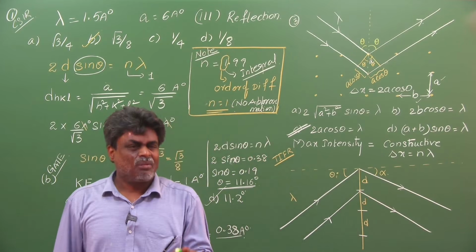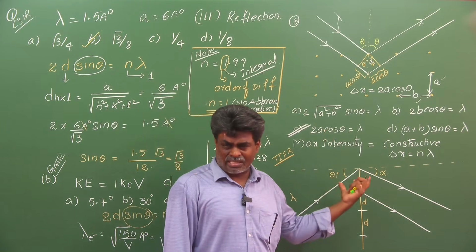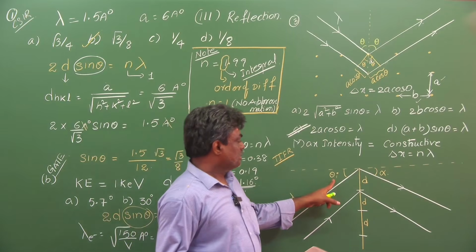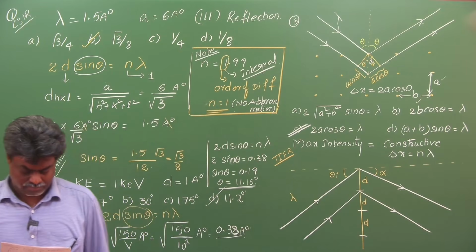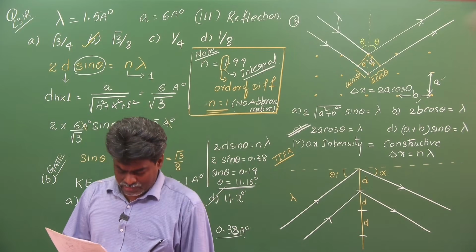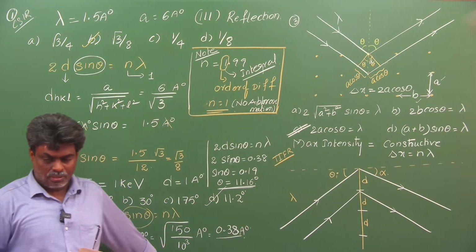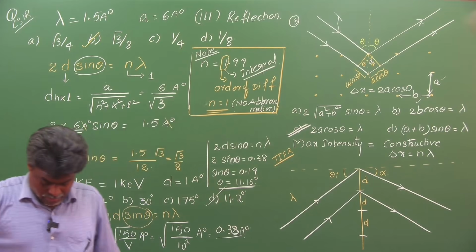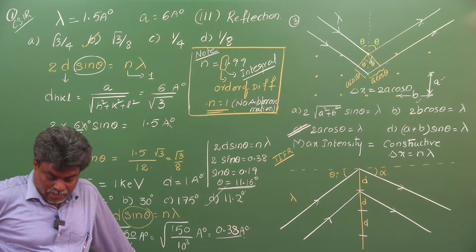Whatever it is, what is the constructive interference condition? Path difference is equal to n lambda. Can't you find the extra distance traveled? Come on. Groove spacing D, at an angle theta I, as shown in the figure. Full stop. The plane of incidence is perpendicular, or normal, to the groove.